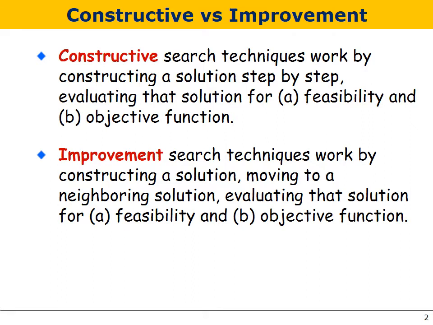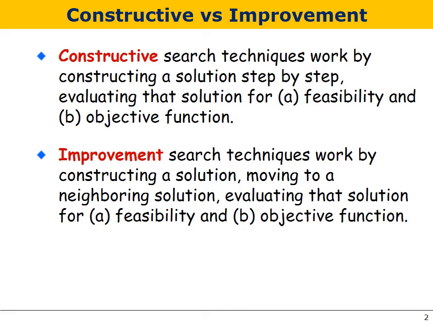As I mentioned, in constructive type heuristics, you start from scratch, and step by step you go to a feasible solution, but of course at each step, while taking a step, you consider the objective function value. Therefore, at the end, you try to find a good feasible solution.